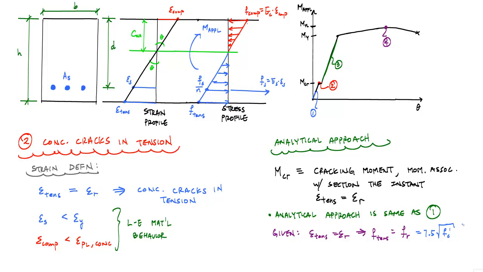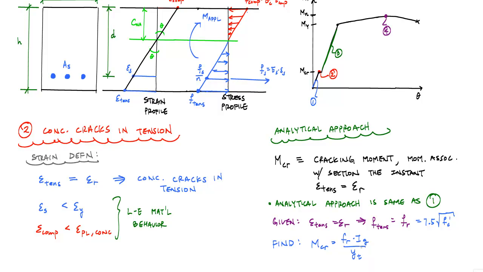Then you would go ahead and use the flexure formula. This stress profile would still apply, but you would know this stress value here, and you can back calculate the moment using the flexure formula, which would just be f_r times I gross over y, the distance to that tensile fiber.